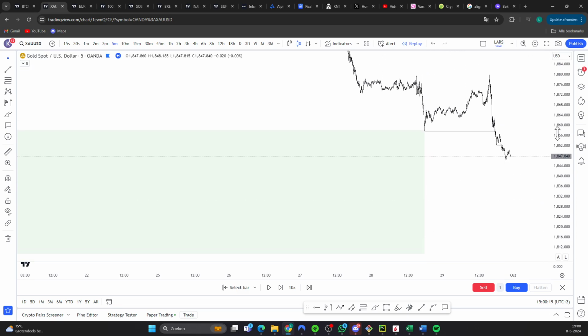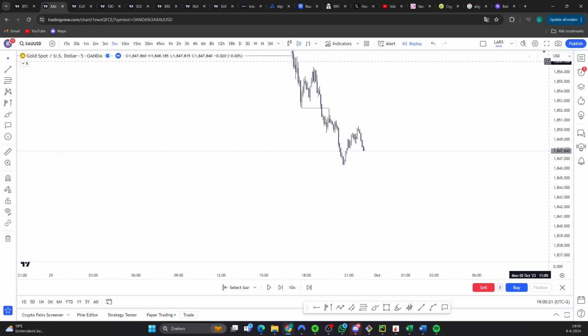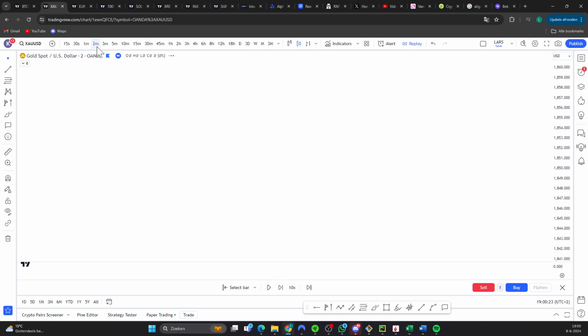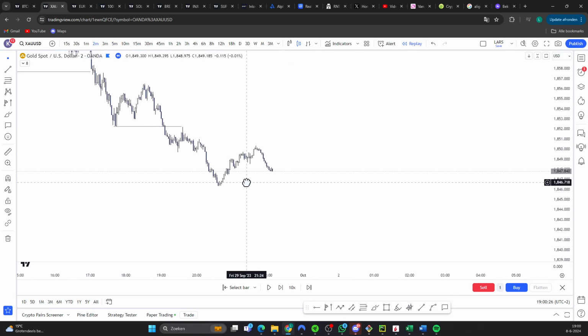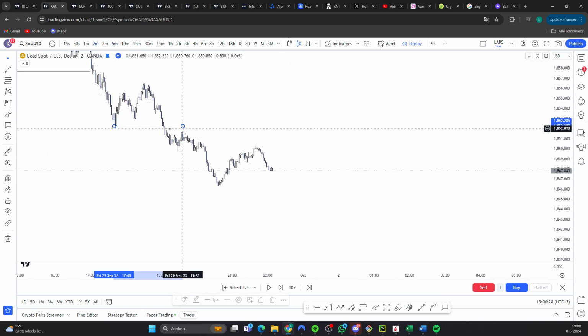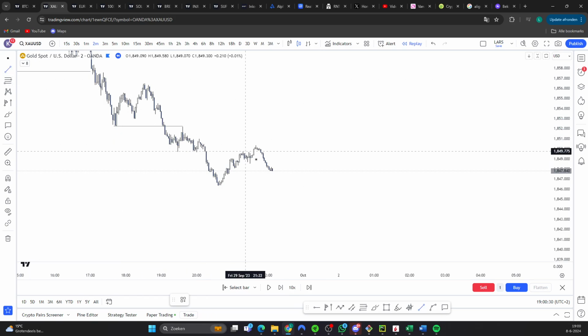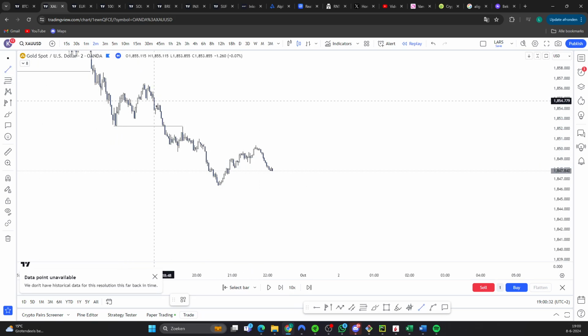At these points in time, you don't really want to start looking for continuation shorts because it could just turn around anytime because we are in a significant swing point for longs.